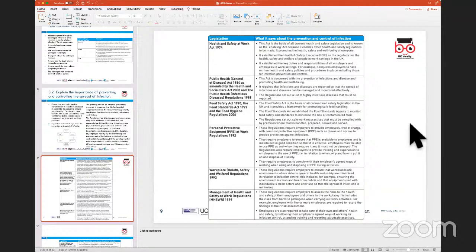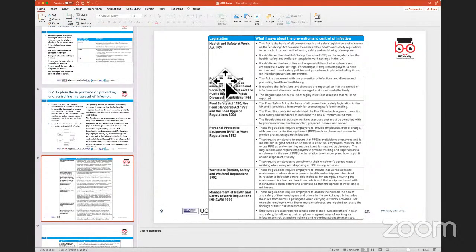So one of the legislations in place to help prevent and control the spread of diseases is having a clean environment, having a cleaner working office, and ensuring that the environment, the facilities and the equipment provided do not spread any sort of infection or put employees in harm's way while they're working within the premises.